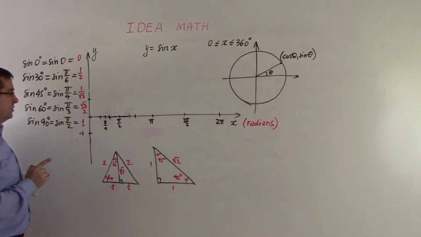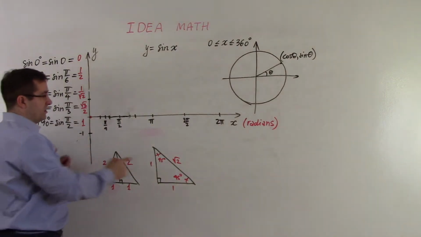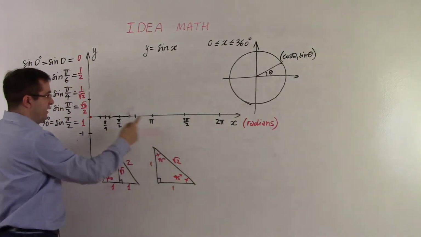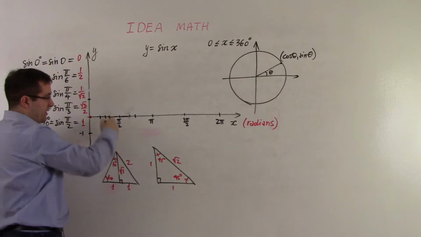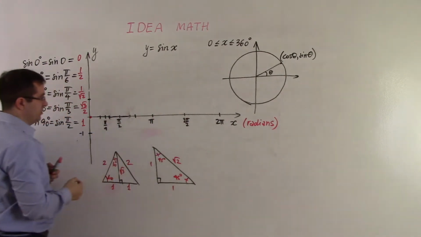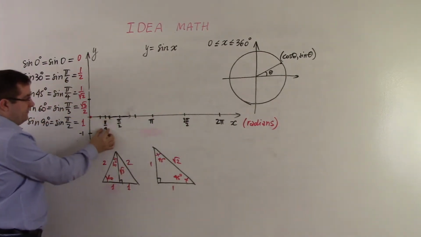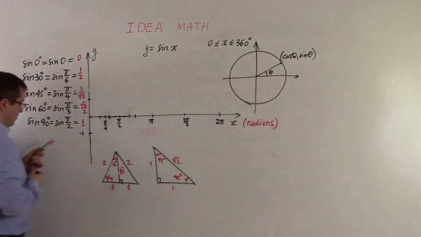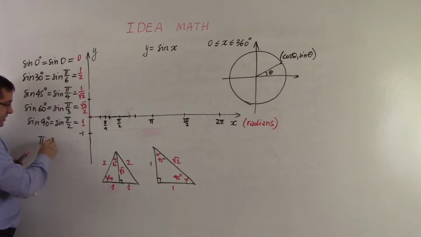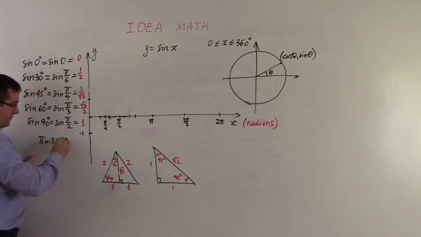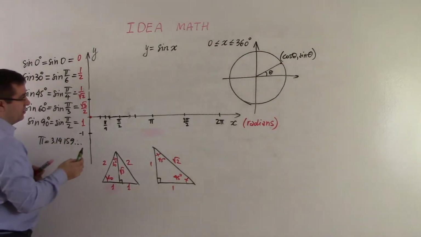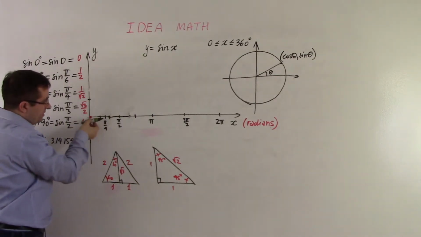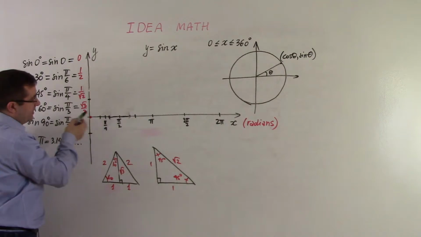If we start plotting, we should be very careful, because I can take 2 pi first, I divide it in half, this is my pi. That will be my pi over 2, I again split into halves, 3 pi over 2. Then I split again in half, will be pi over 4. If this is pi, and we know pi is 3.14159 and so on, so our 1, our unit, will be approximately 1/3 of the pi, a little bit less.